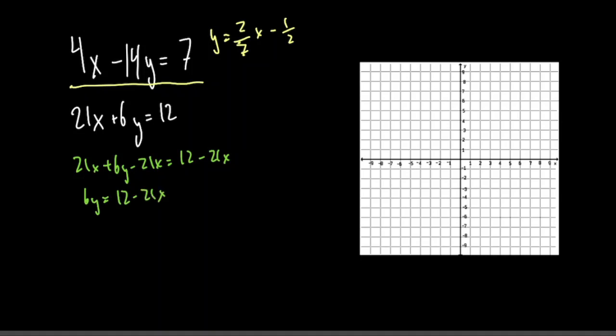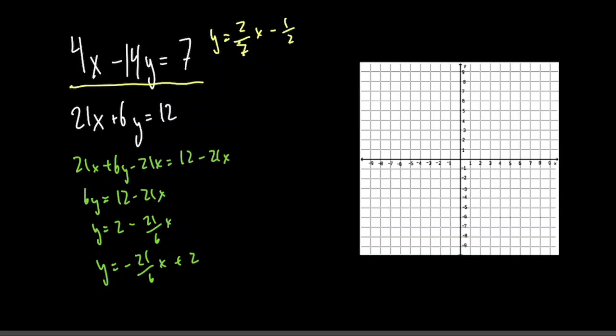Now I'm going to divide each side by 6. So we're going to get y equals 2 minus 21 over 6x, right? Now I'm just going to rearrange this to y equals negative 21 over 6x plus 2.